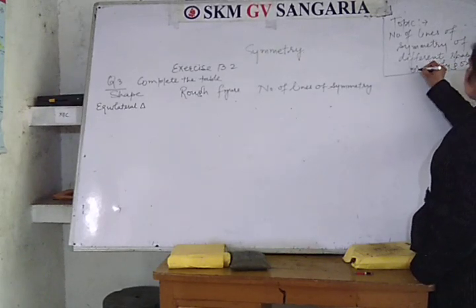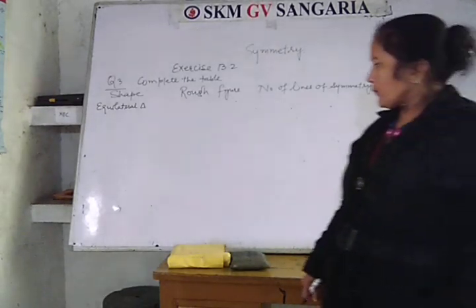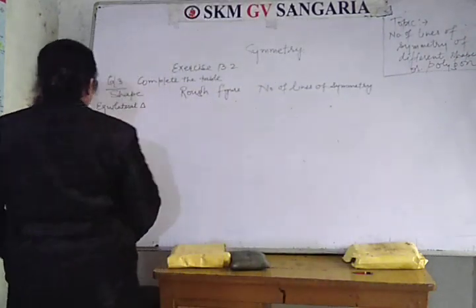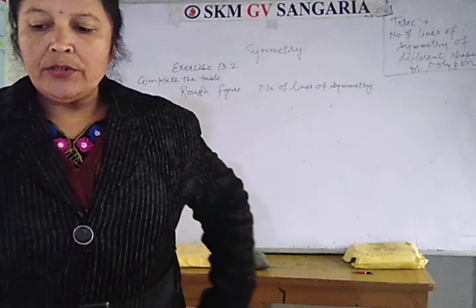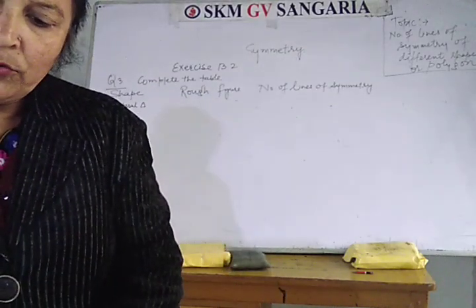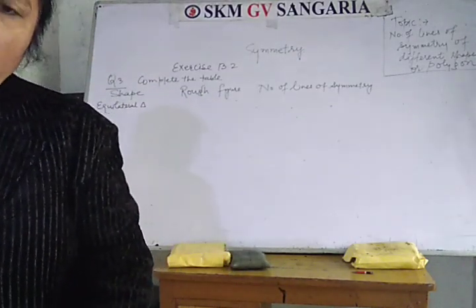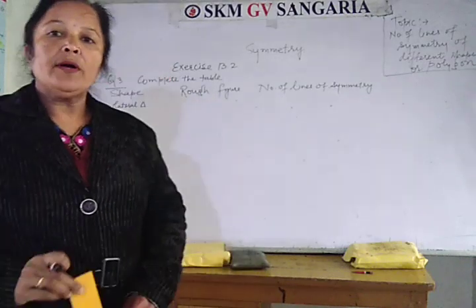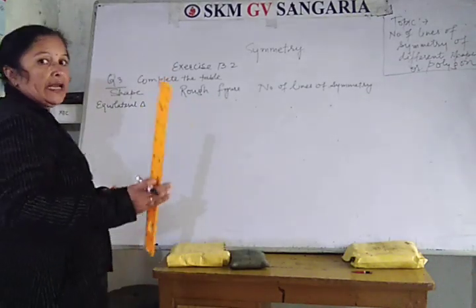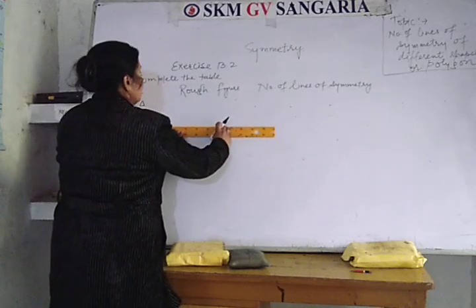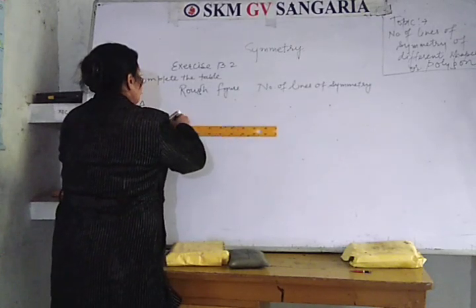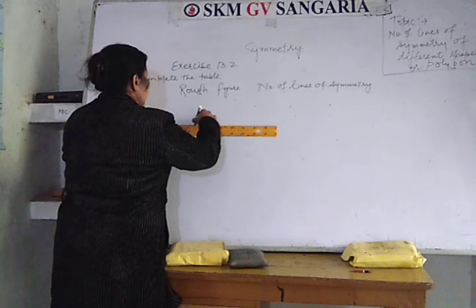First is an equilateral triangle. As you know, an equilateral triangle is a triangle which has all the three sides of equal length. So take your scale also.